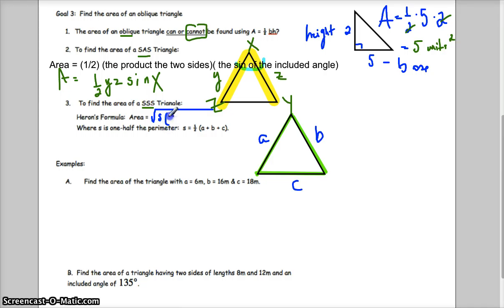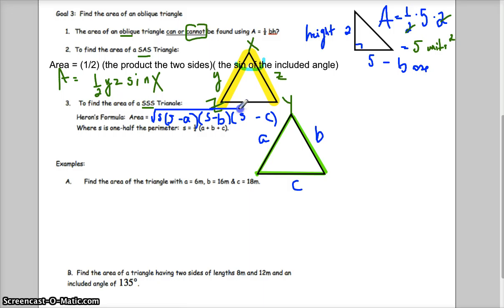Times S minus A times S minus B times S minus C.